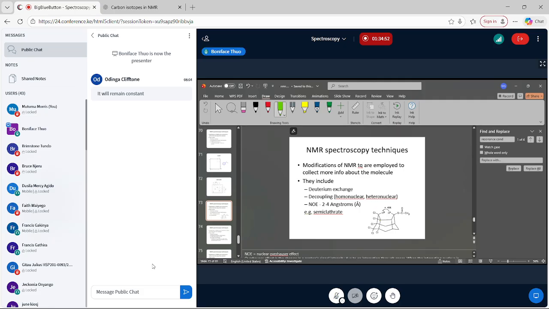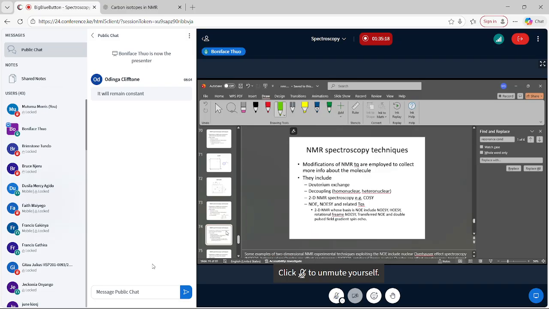In small molecules, the nuclear Overhauser effect increases the resonance intensity, but in larger molecules, it has the opposite effect of decreasing it. So there are many techniques derived from that nuclear Overhauser effect, and we will not go into details of all that.